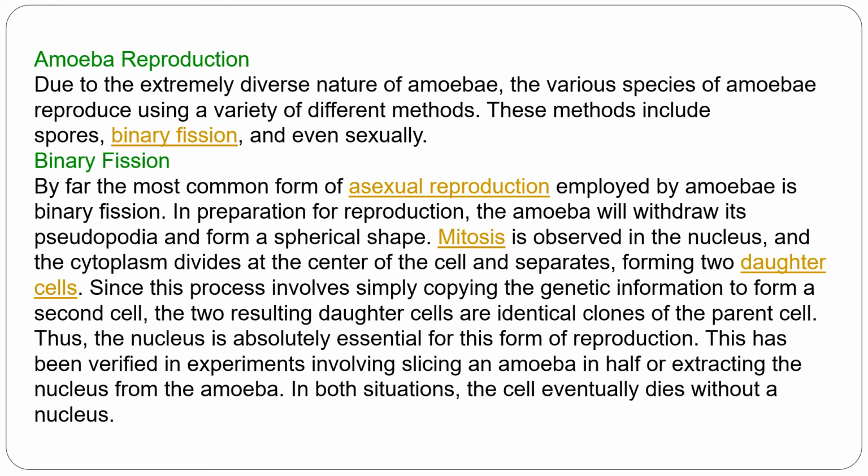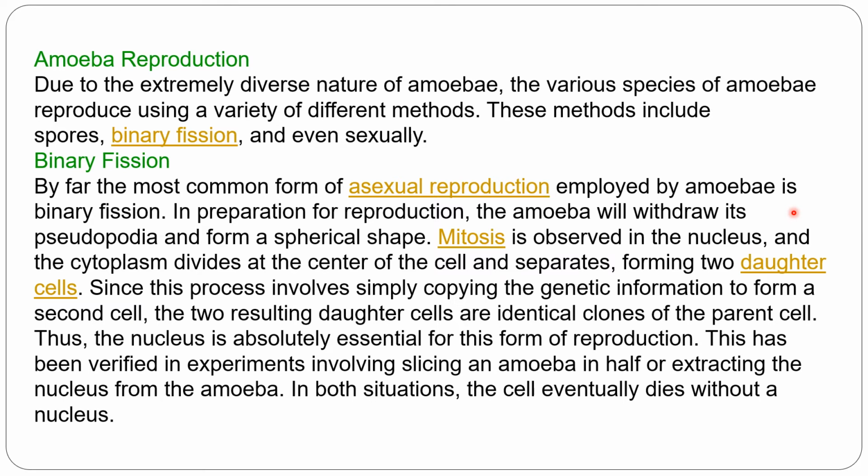Let's see binary fission. By far the most common form of asexual reproduction employed by amoebae is binary fission. In preparation for reproduction, the amoeba will withdraw its pseudopodia and form a spherical shape.